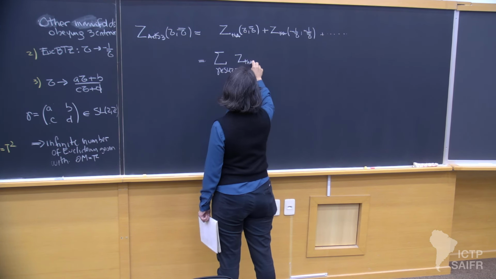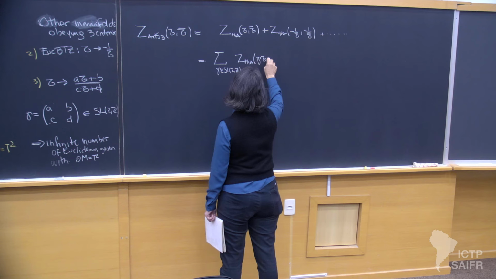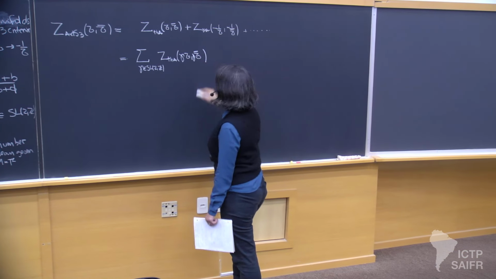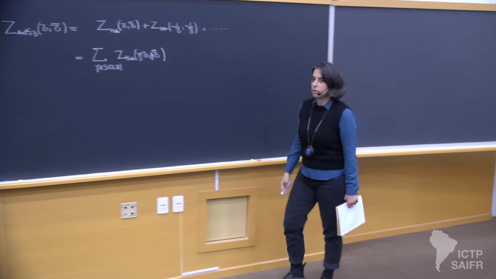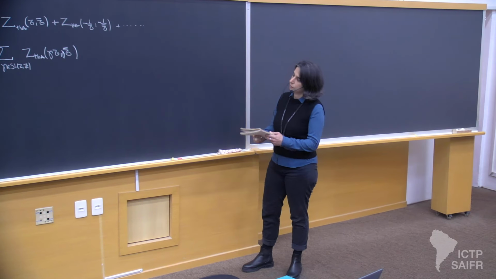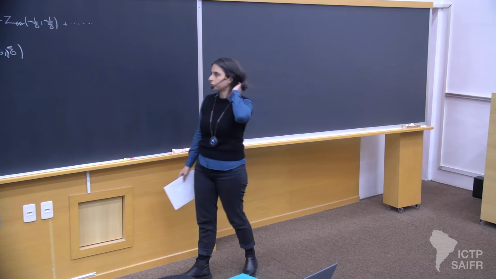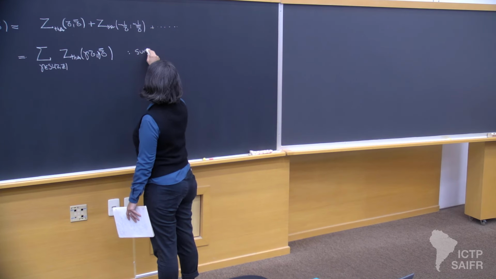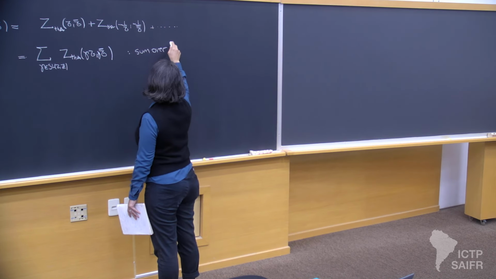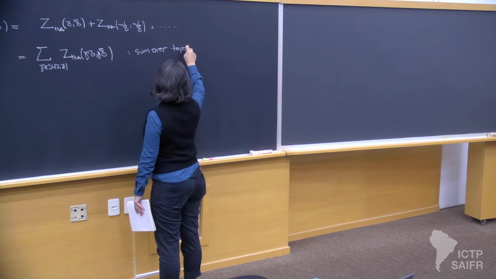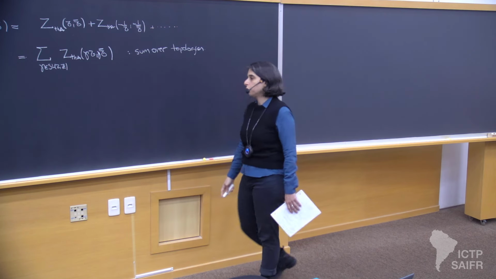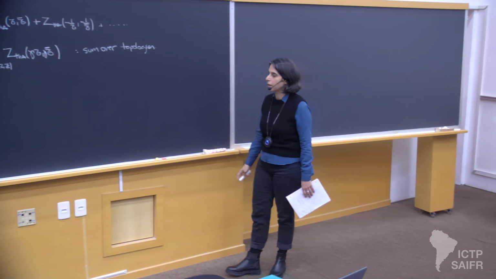Of whatever you have for thermal AdS. It's a sum of that type. Okay? So this is my sum over topologies, or over the different classical solutions if you want.